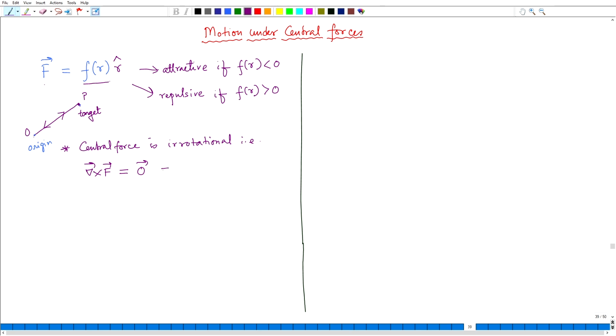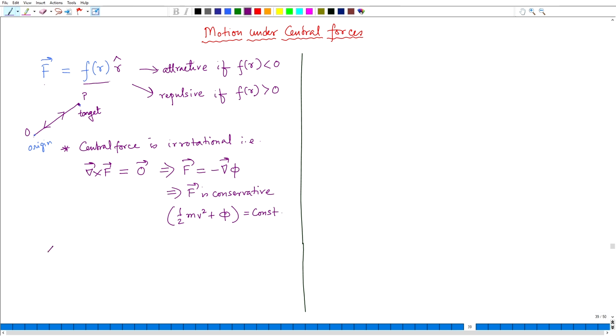And the immediate conclusion was that F can be written as the gradient of a scalar potential function, and the meaning is that F is conservative. That means half m v square plus phi is constant for the particle which is moving under this force.